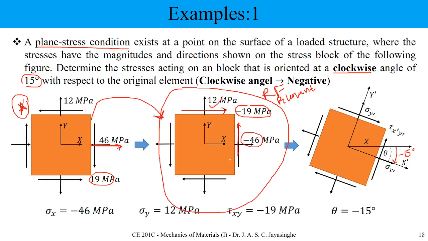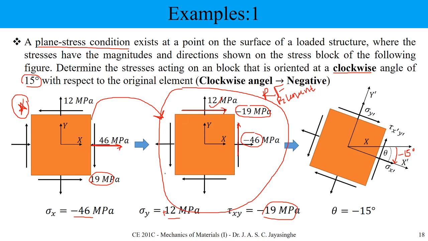This is tension, this is okay. So these are the values. Then sigma x should be minus 46, sigma 1 is positive 12, and tau xy is minus. This is your given system, and you are going to map it to the reference system, this reference element.